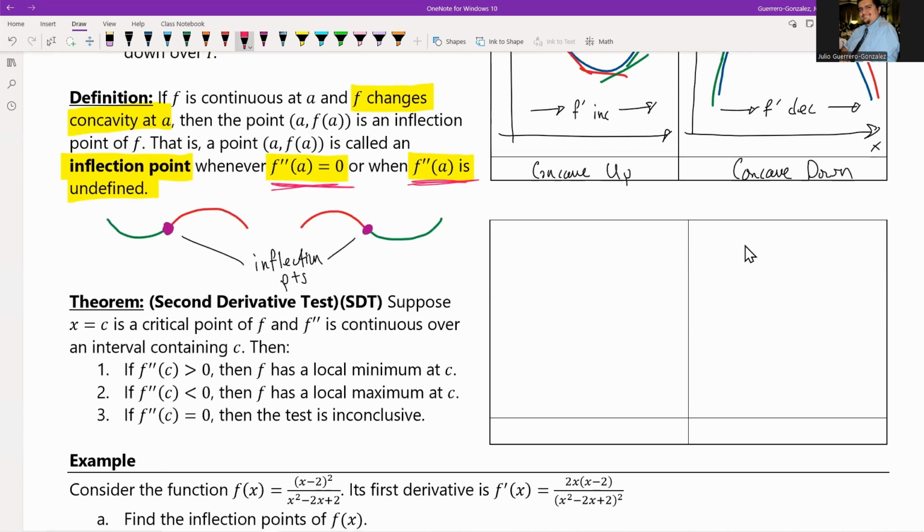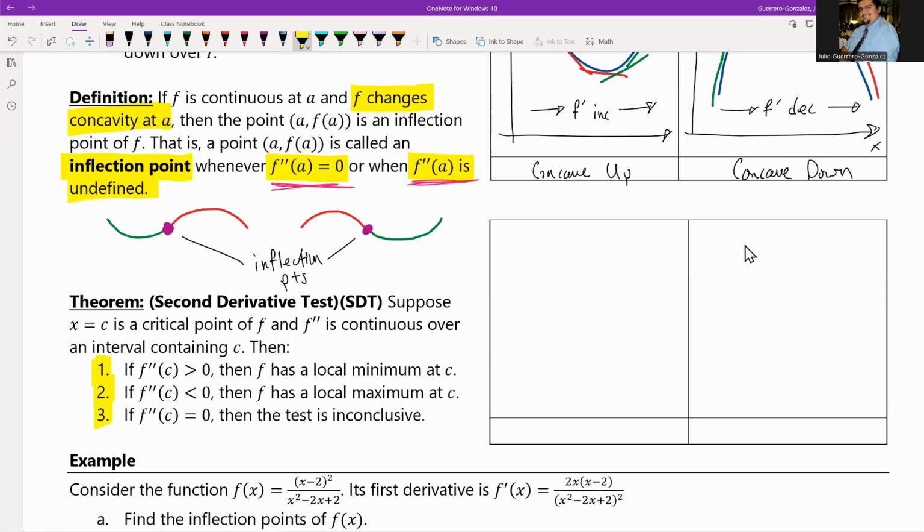Which brings me to the second derivative test. It has 3 options again. The first 2 are the more important ones. Suppose C is a critical value of f, and f double prime is continuous over the interval containing C. Then you have 2 options.